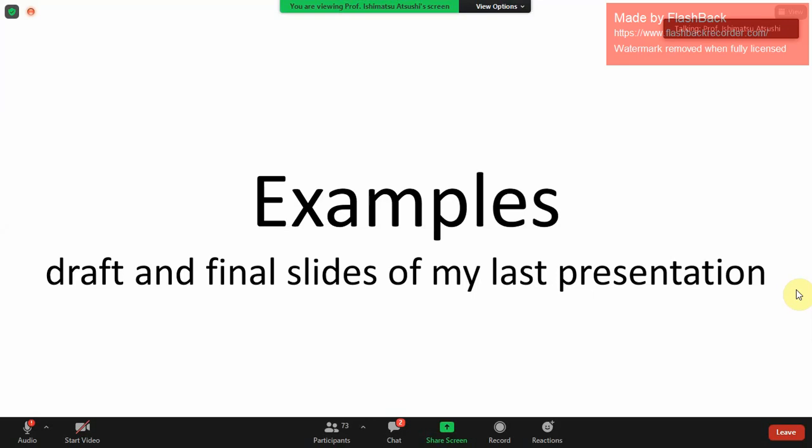I show you the draft version and the final version I used for a symposium at the College of Environment and Natural Resources, Saturday last week.